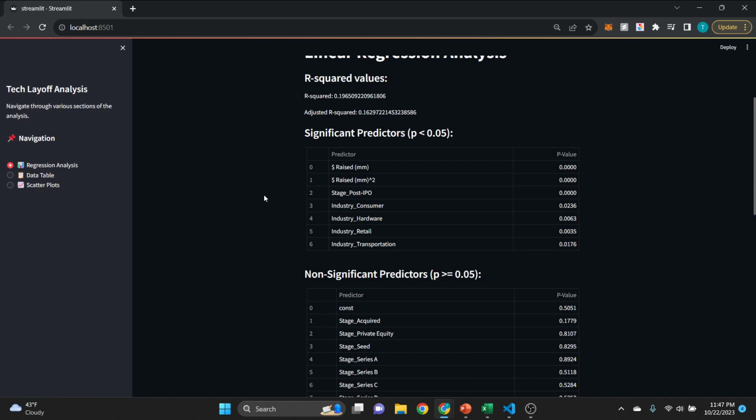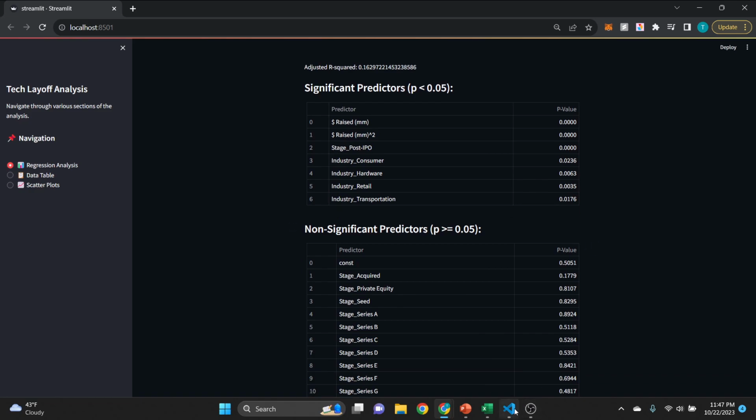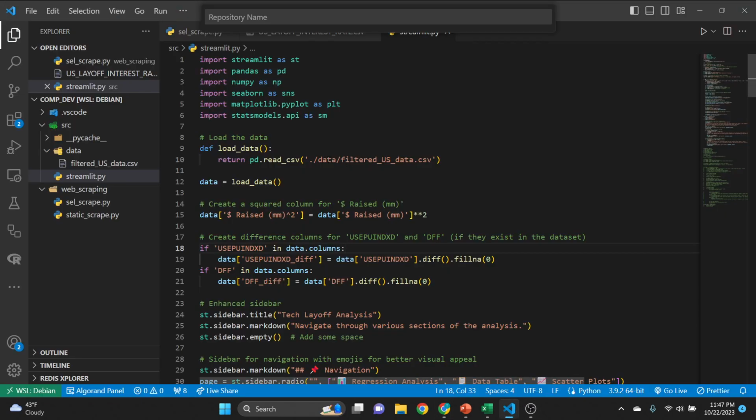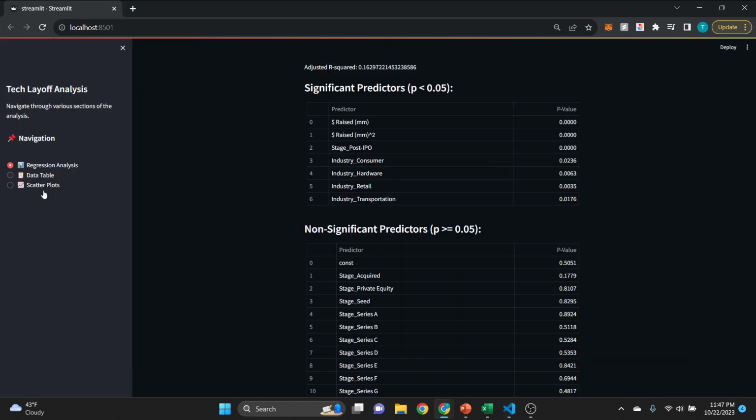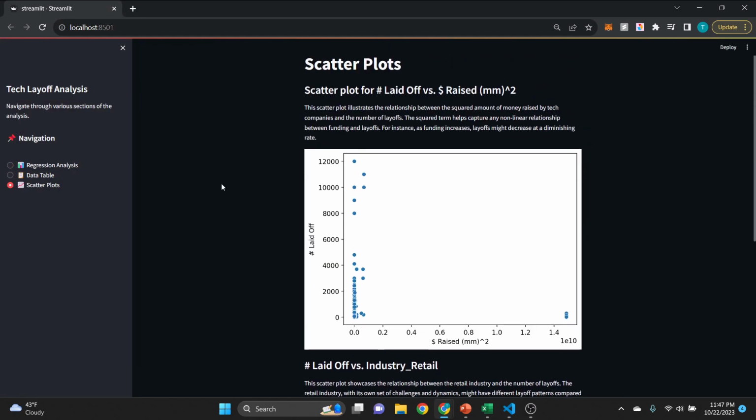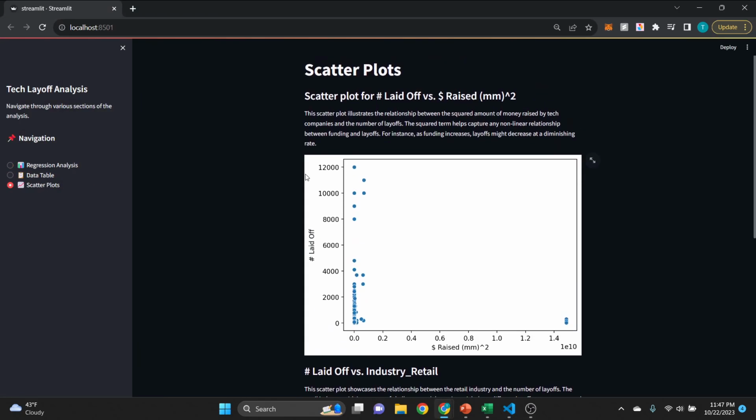And let me show you the scatter plots, which I made using a library called matplotlib. Although you can't see a perfect relationship here, it's statistically significant. So there's actually a nonlinear relationship between the number of people laid off and how much money the company raised.